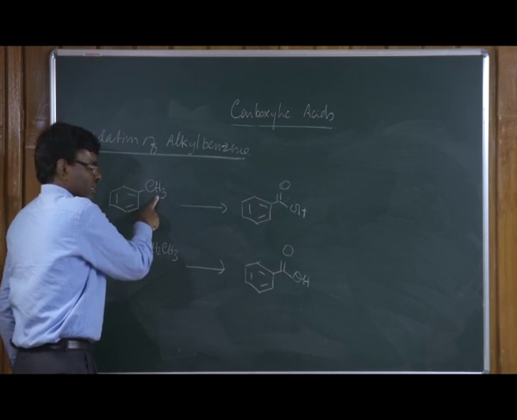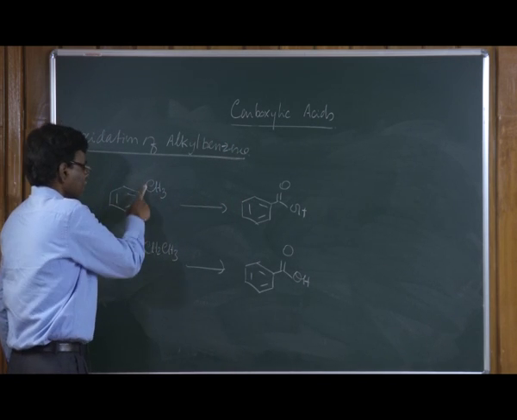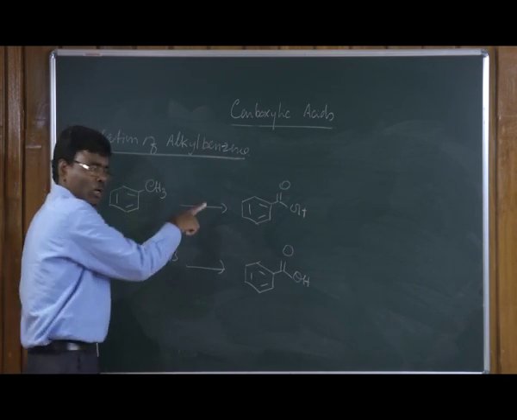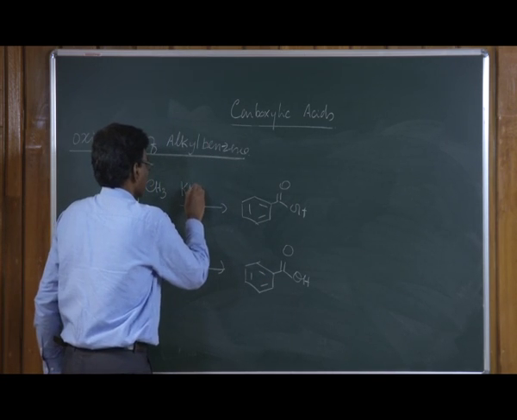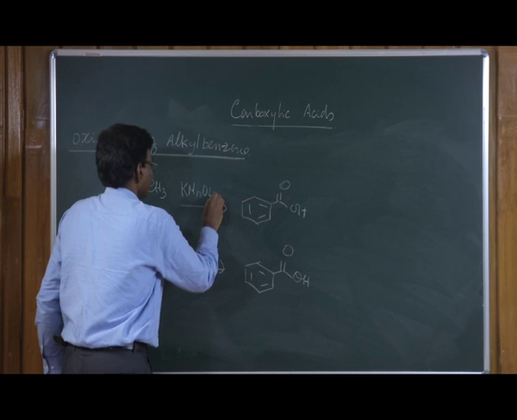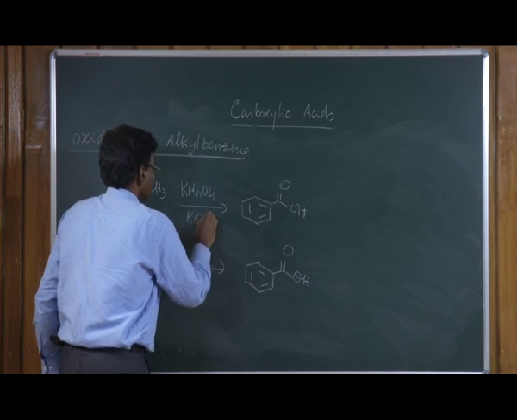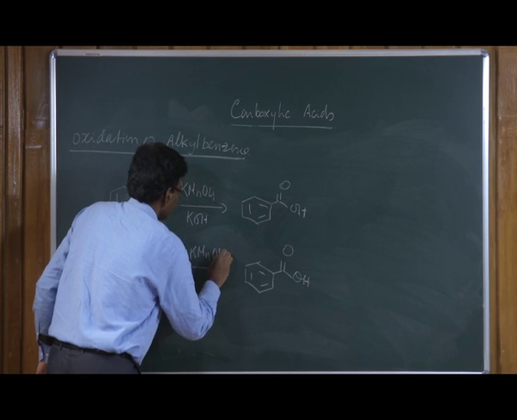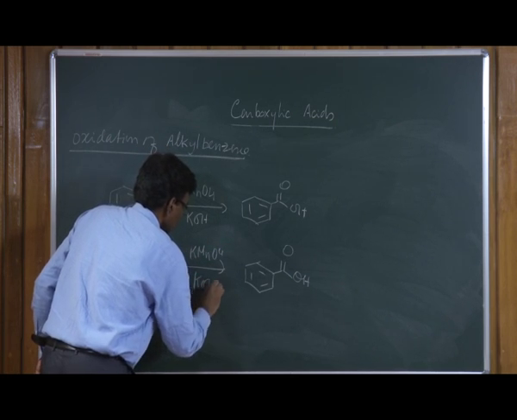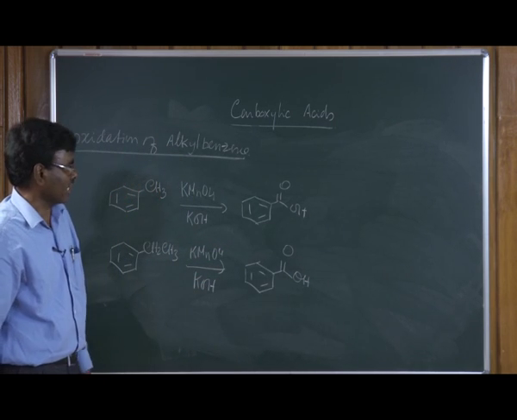Irrespective of the substituent, whether methyl group or ethyl group, they can be oxidized. The side chain can be oxidized to benzoic acid, and this reaction can be carried out using KMnO4 in the presence of potassium hydroxide.